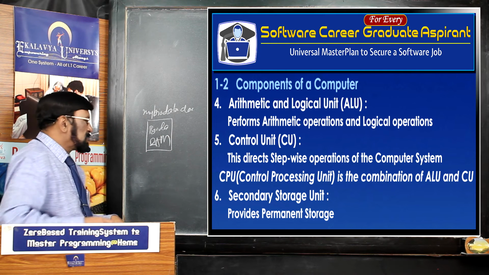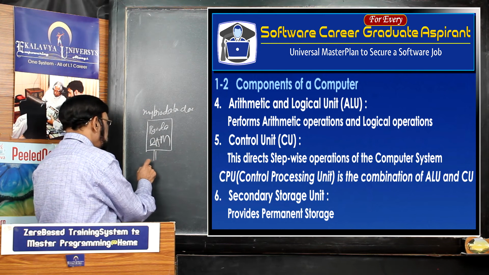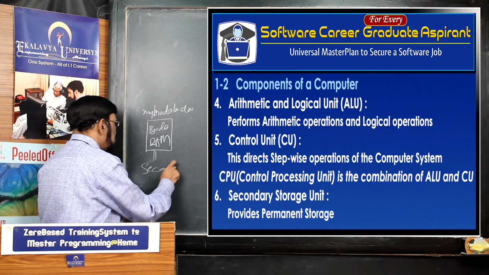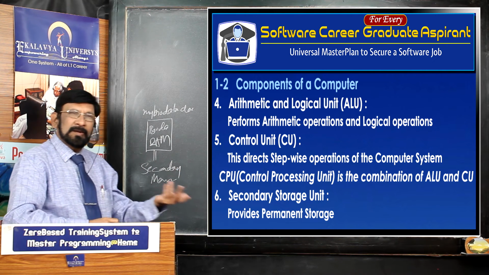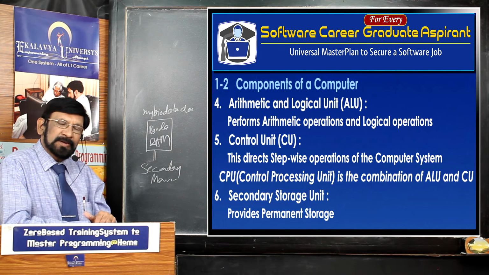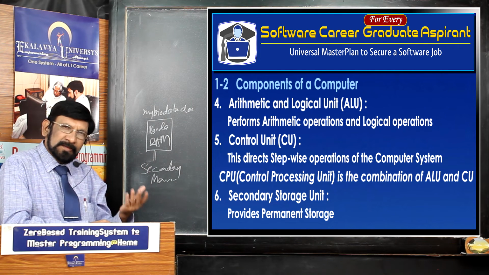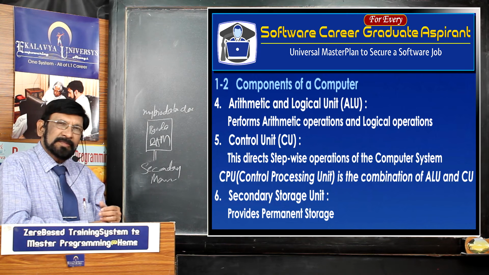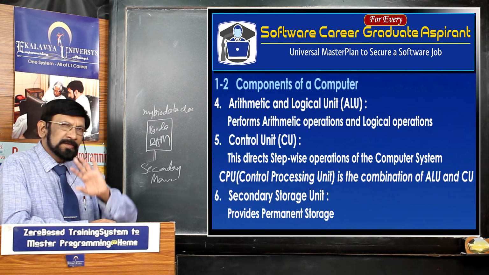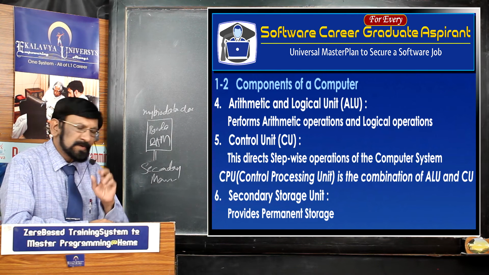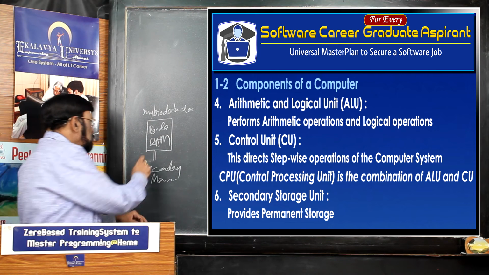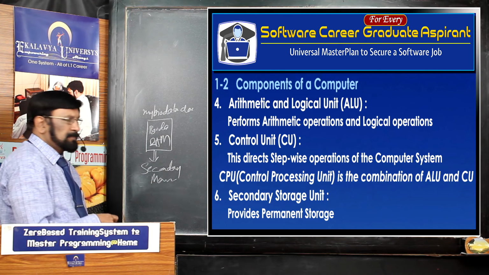Once you save it, it goes from primary memory to secondary memory. Secondary memory means the hard disk, or external disks. External hard disks are there, CD-ROMs, DVDs and pen drives are there. All these are permanent storage devices. So it goes here, to secondary memory.